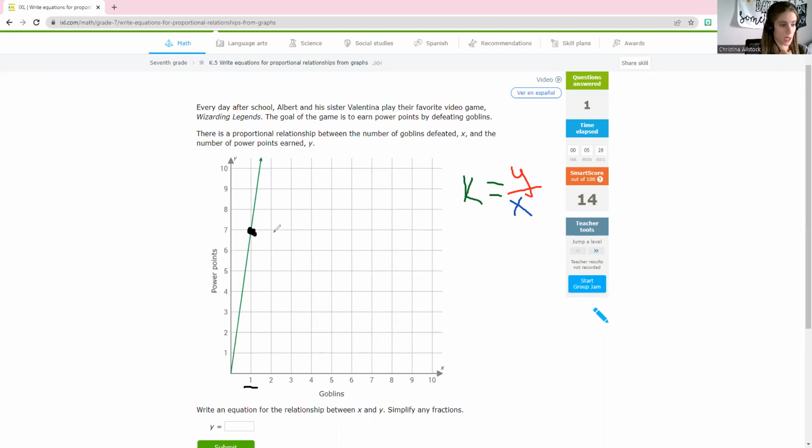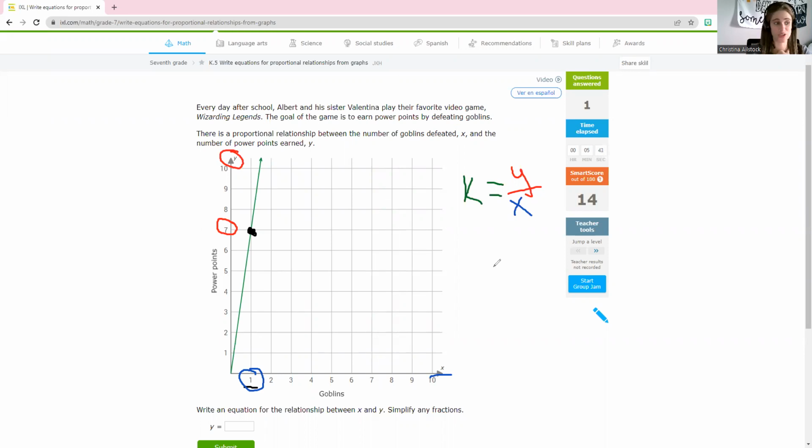And this ordered pair has an X value of 1 and a Y value of 7.